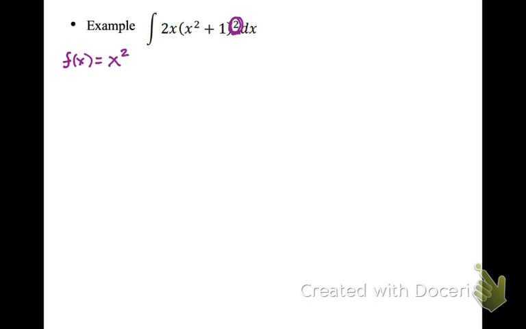Outside function is x squared. Do you see that? You're looking for the compound part. Did you see this is the compound function part? See that? Okay, so the outside is x squared. The g of x was the inside. And what's the inside function? X squared plus 1.